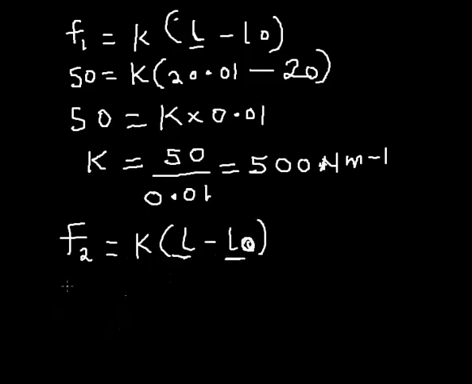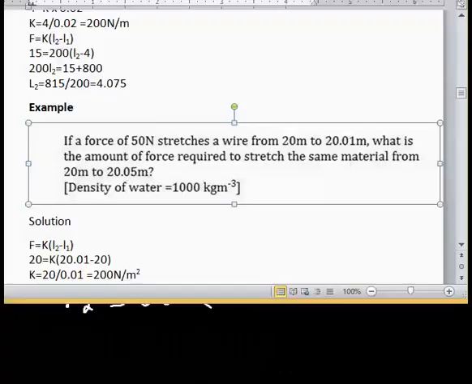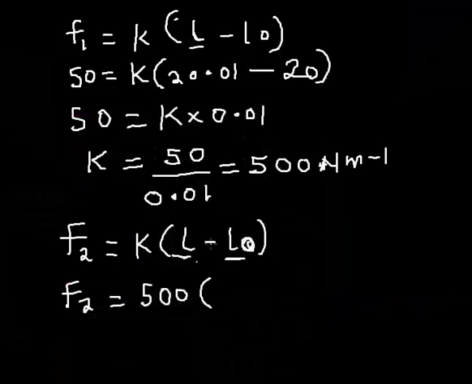So this simply means that I'm looking for this force. I've already gotten my constant, that's 500 already. Open bracket. The final length I'm actually looking at. What is that final length? The final length is 20.01, minus 20.